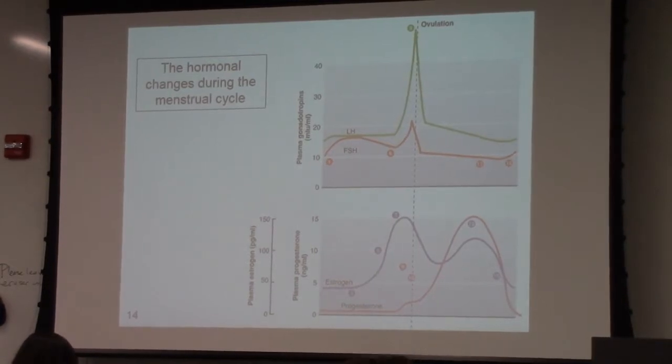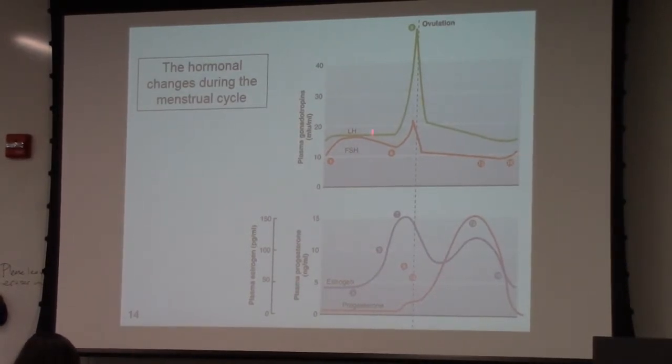So let's start sometime during the follicular phase. Remember, a follicle is developing, one is becoming dominant, the oocyte is getting bigger, the granulosa cells are proliferating, as are the theca. That's what's happening during the follicular phase.